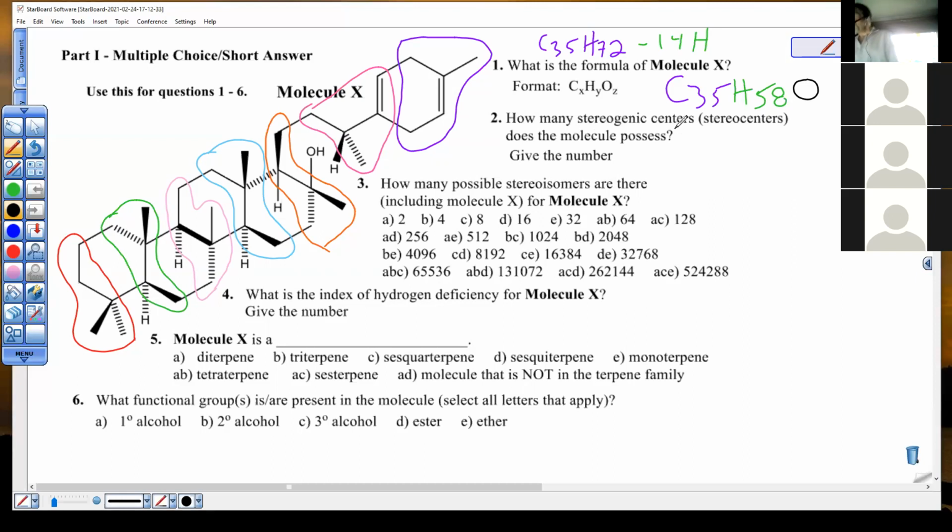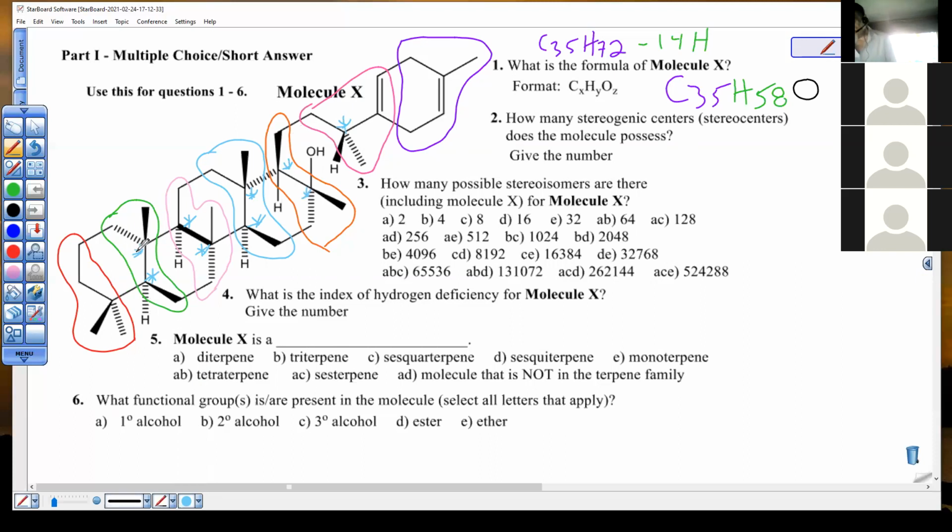How many stereogenic centers does the molecule possess? Okay, I'm going to put a little asterisk on each stereocenter. And let's use, I don't know, baby blue. We got one here. 1, 2, 3, 4, 5, 6, 7, 8, 9.